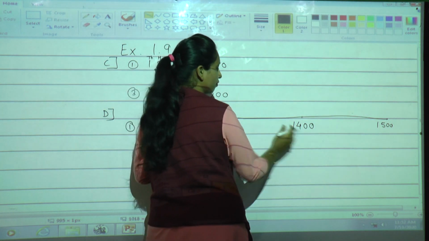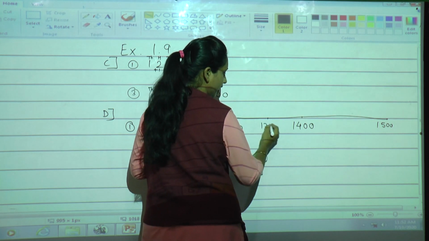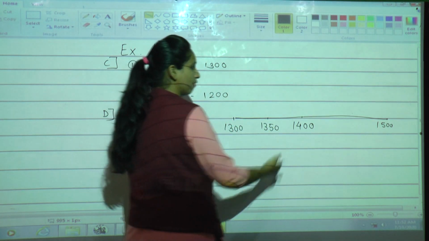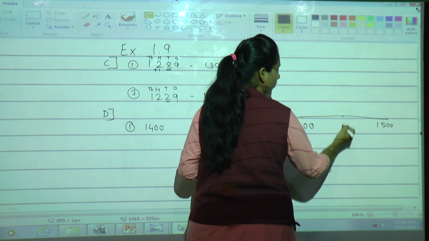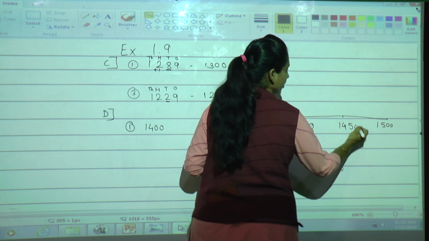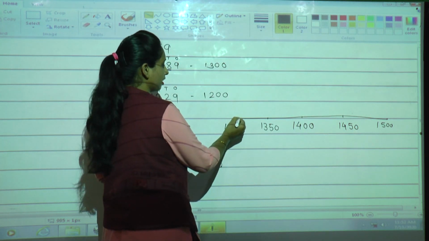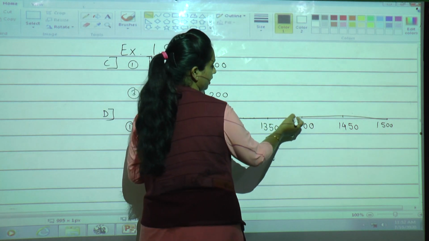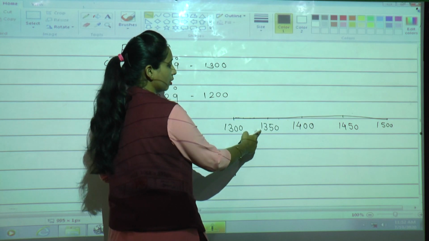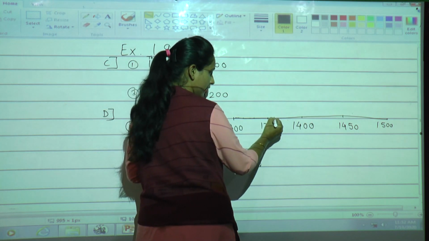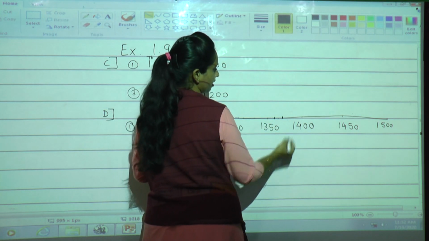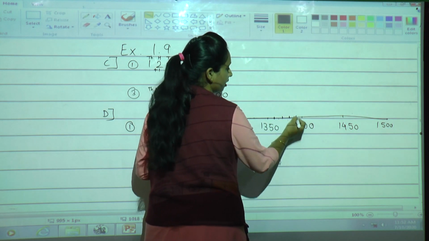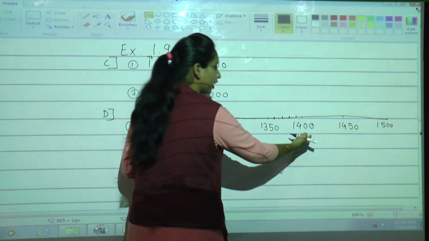Between 1300 and 1400 what will come? 1350. And between 1400 and 1500 what will come? 1450. So you can see the gap is 10, 20, 30, 40, 50, 60, 70, 80, 90, 1400. So here is 1350, 1360, 1370, 1380, 1390 and 1400.